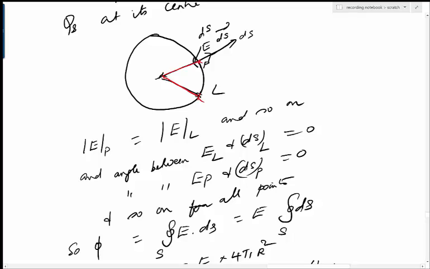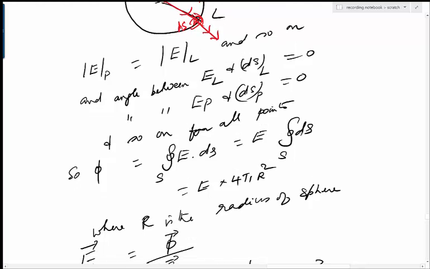Therefore the angle between the EL vector and the ds vector at this particular point is 0, and similarly at every other point, so it is 0 at all points. So phi will be equal to the integral of E dot ds. You can take the modulus out, into cos 0, which is 1. So E can be taken out, and therefore it will be E times the integral of ds.